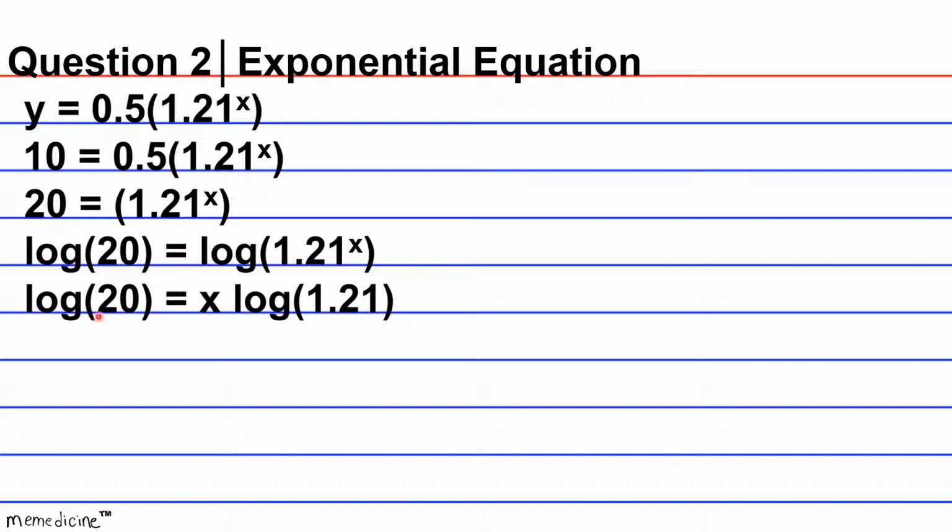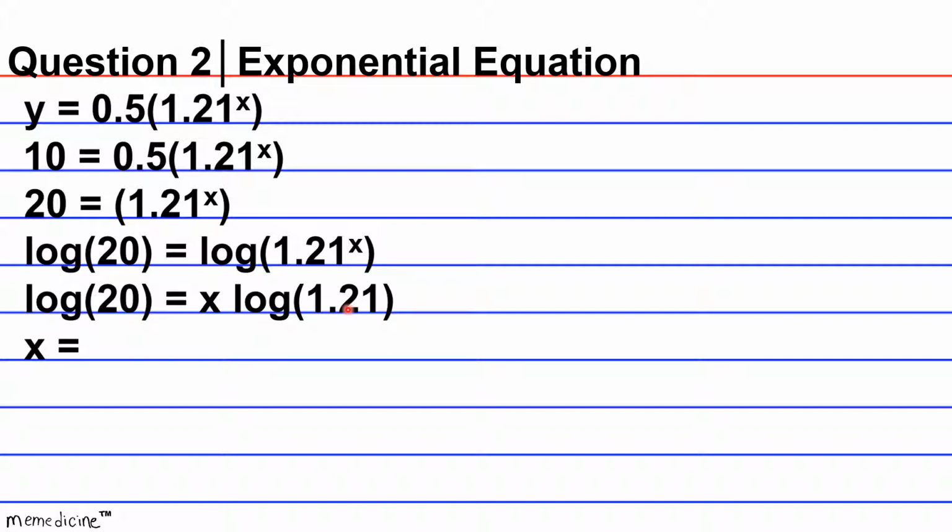So the log of 1.21 to the x is equivalent to x times the log of 1.21. And remember, if you watch my basic series on logarithmic equations, you would know that the number written next to the log is the result, also referred to as a power. A lot of people call exponents powers, but that's a misnomer.